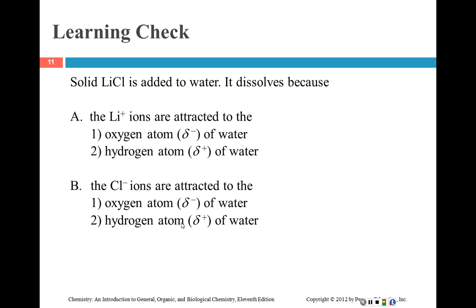When you add lithium chloride to water, it will dissolve because the lithium ions are attracted to the oxygen or the hydrogen atoms. So the oxygen has a partial negative charge, the hydrogen has a partial positive charge. So if lithium is a positive, it's going to be attracted to what? Right, the negative. And so if lithium's attracted to the negative, then the negative chloride is going to have to be attracted to the positive hydrogen, because opposites attract.